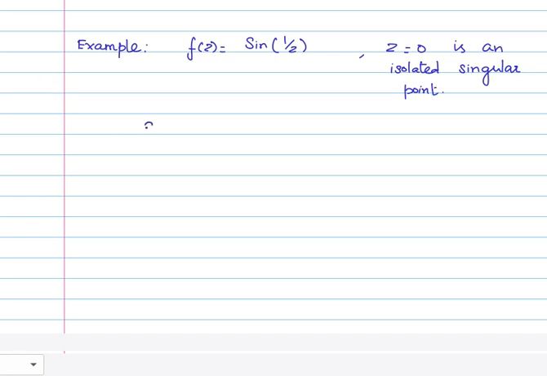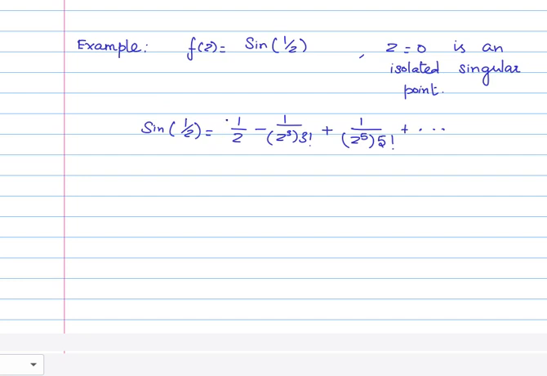Sine of 1 over z is equal to 1 over z minus 1 over z cube times 3 factorial plus 1 over z power 5 times 5 factorial, and so on. Correct? So this is my Laurent series.